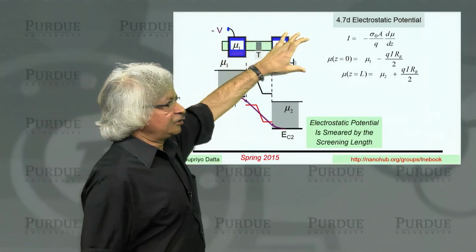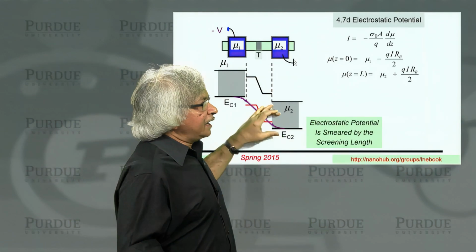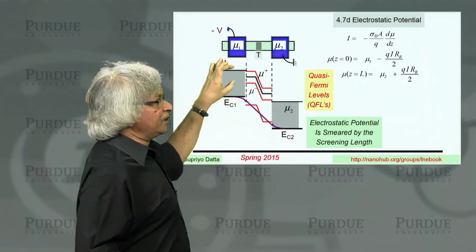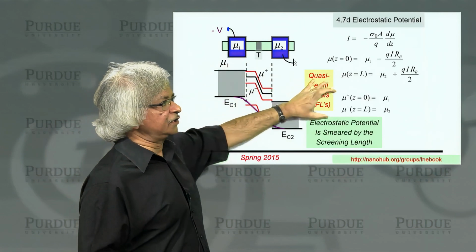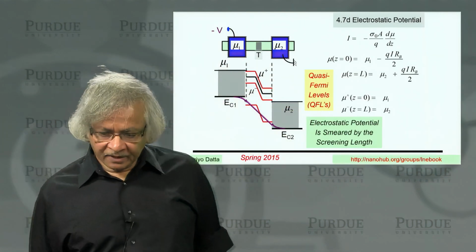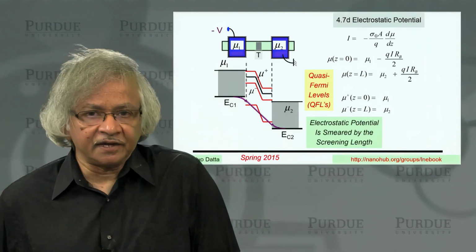We talked about all these in the earlier lectures, and it requires this introduction of quasi-Fermi levels. And we talked about the boundary conditions on the quasi-Fermi levels, for example. But all this requires additional discussion and justification.